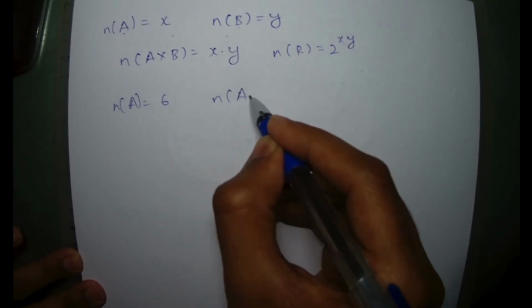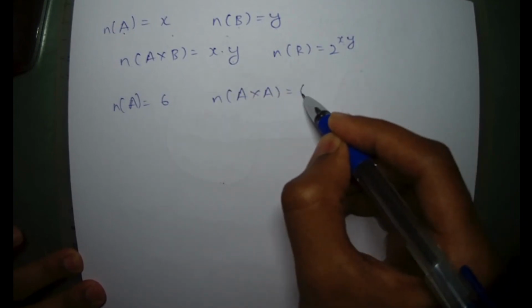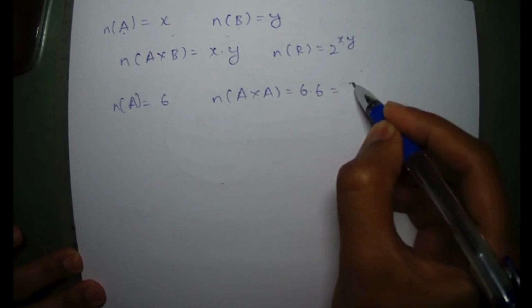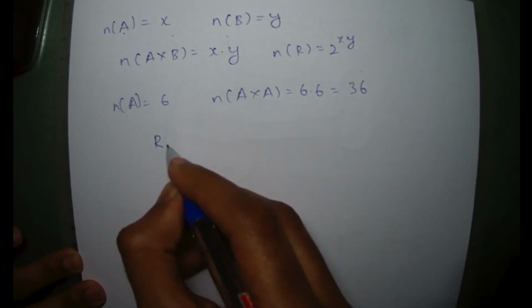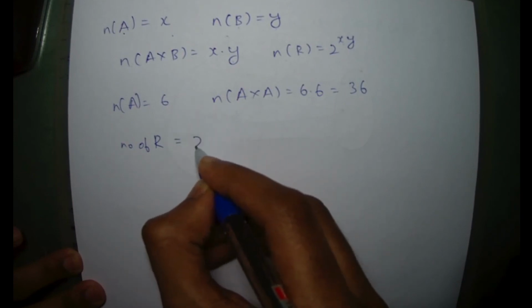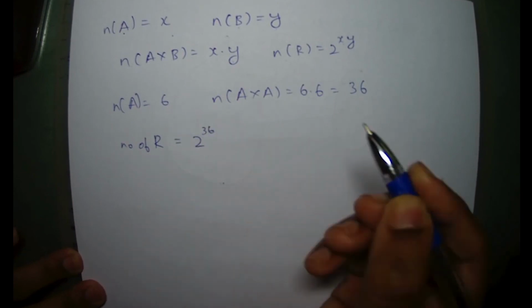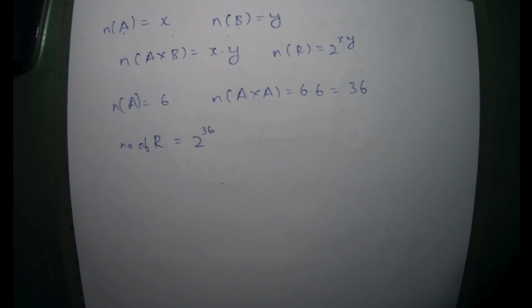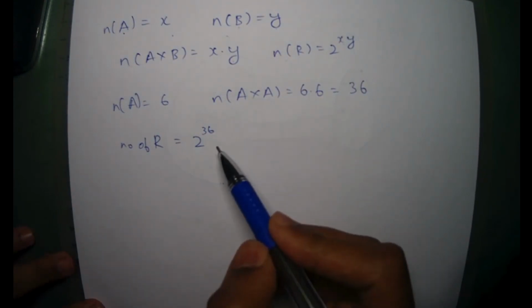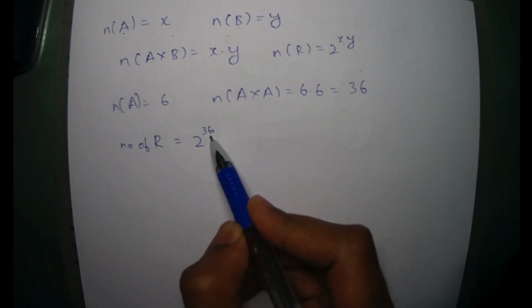So n(A cross A) will give us 6 into 6, that is 36. So the number of relations R will be equal to 2 to the power 36. So we see that for a small set with just 6 elements in it, we can have 2 to the power of 36 different types of relations defined for just one set which has 6 elements in it.